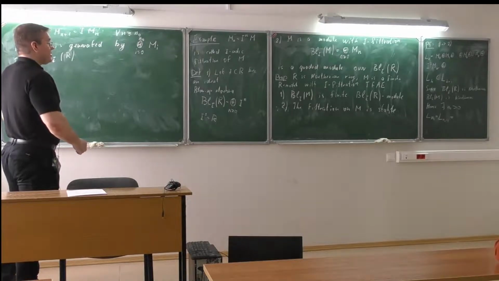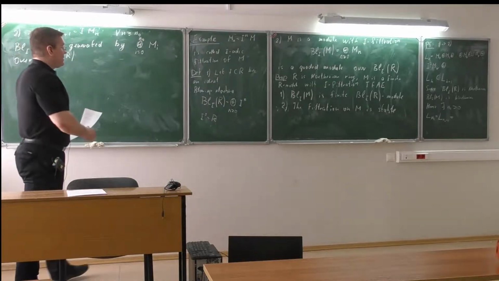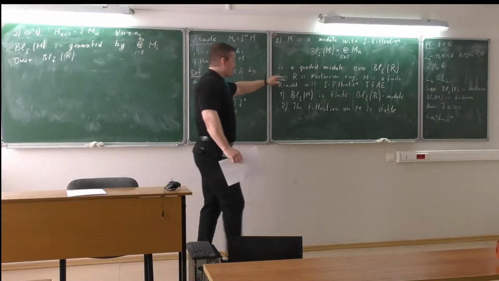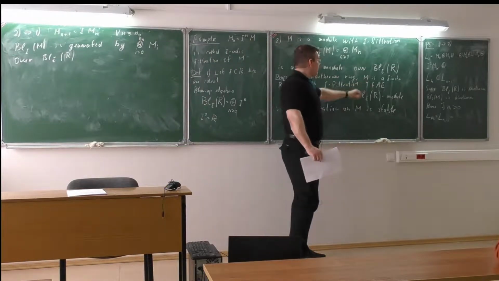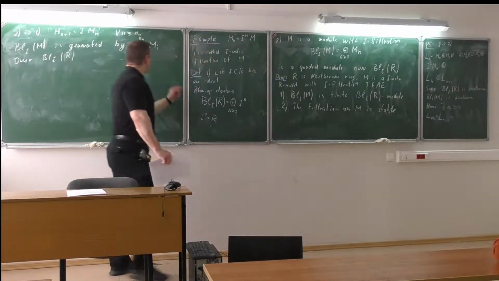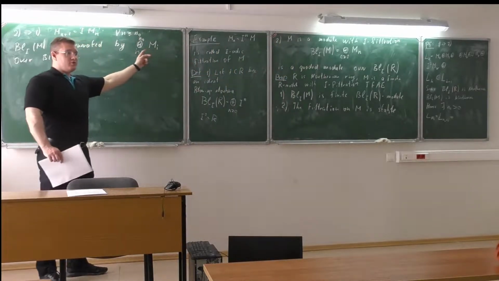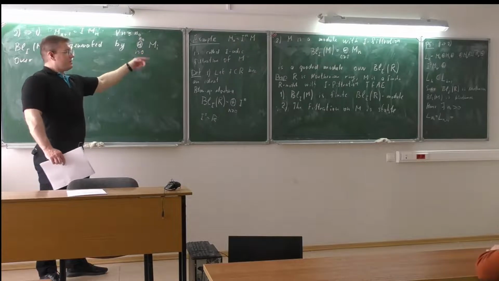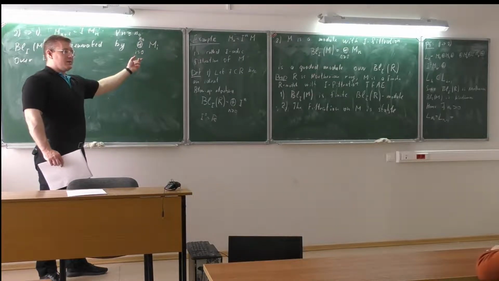What can we say now? R is Noetherian and M is finite, so each of these Mi are submodules of a finite, hence Noetherian, module, so Mi is again Noetherian, so finite.